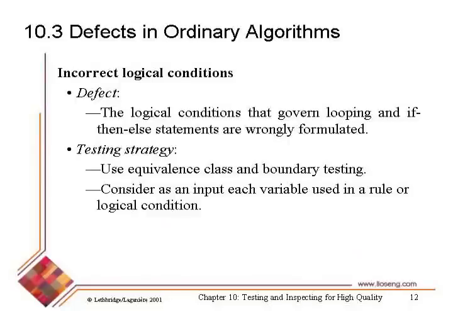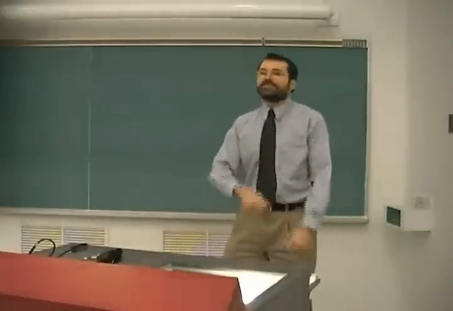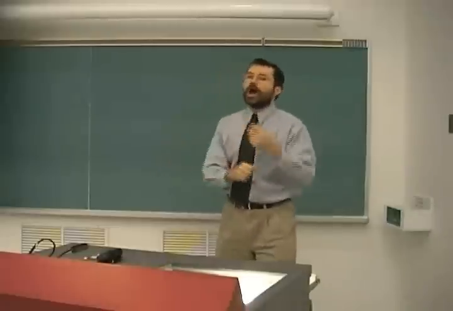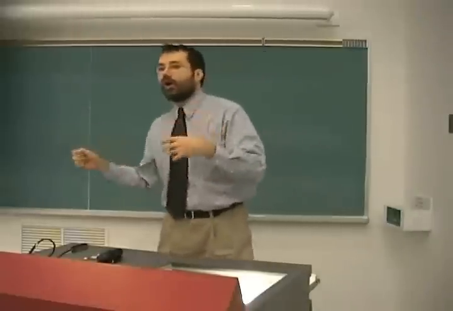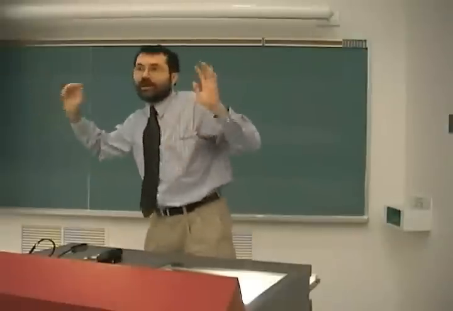So first of all, incorrect logical conditions. The less than greater than thing is a logical condition problem. But there are other logical conditions that are much, much more complicated than that. There's some examples in the book for all of these, and the slides are going into these in less detail, but sometimes you have conditions that say if x is greater than 7 and y is less than 10, or b is greater than 978, okay?